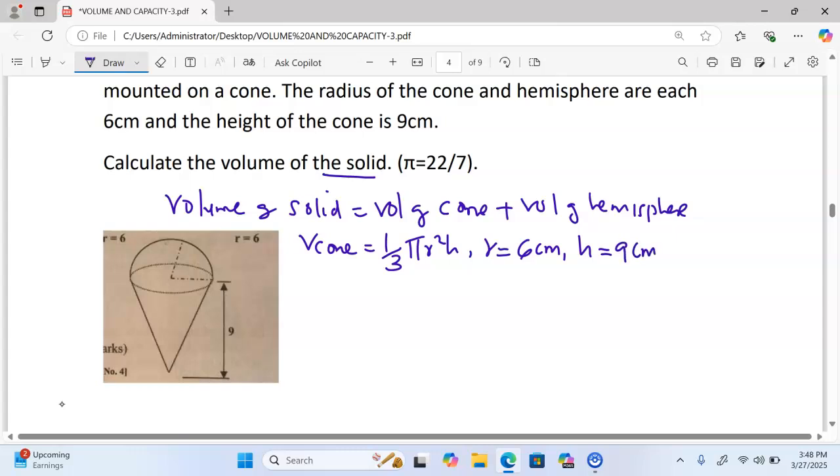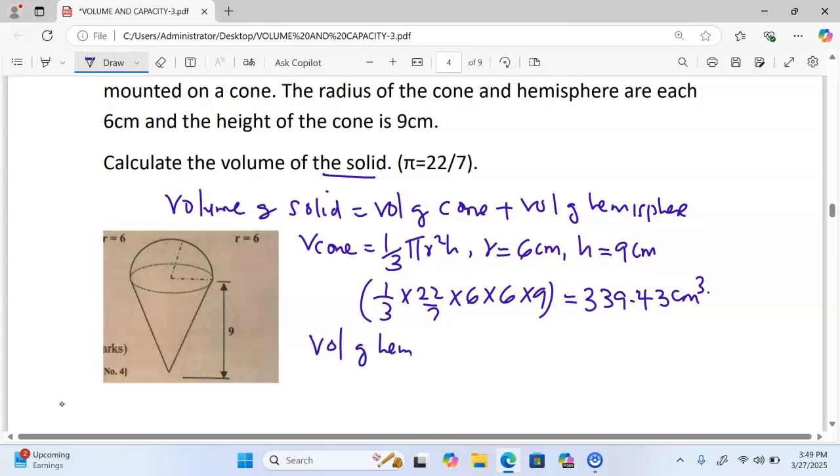We substitute. This is going to be a third times 22/7 times radius, which is 6 times 6, multiplied by 9, and this gives us 339.43 centimeters cubed.